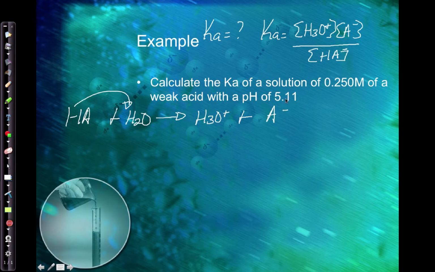Well, I was given the starting concentration of the weak acid. So let's go ahead and make up an ICE table, because if I'm going to solve for Ka, I need the concentrations of everything at equilibrium. Well, the initial concentration of this is 0.25, because that's what I started with.